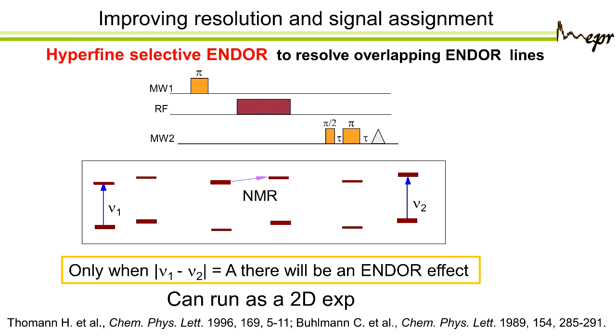So let's see what happens. I invert the first transition. So this is the usual one. And I detect, and then I transfer the population. And if I hit the NMR transition, I should reduce the intensity also of the other line.